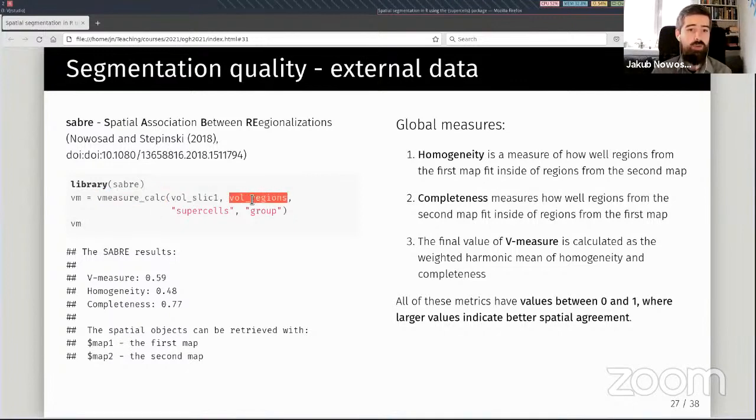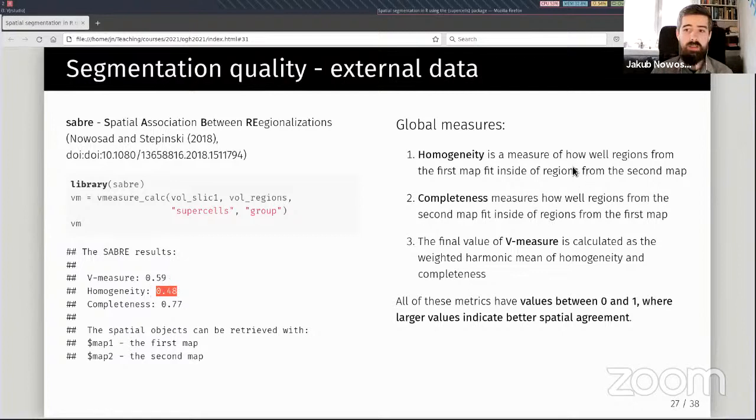It takes our 2 data sets, and it also takes the names of columns with IDs. The result looks as you can see here on the top left. Basically, we've got three values. V-measure is the overall similarity between regions, with larger values meaning more similar.